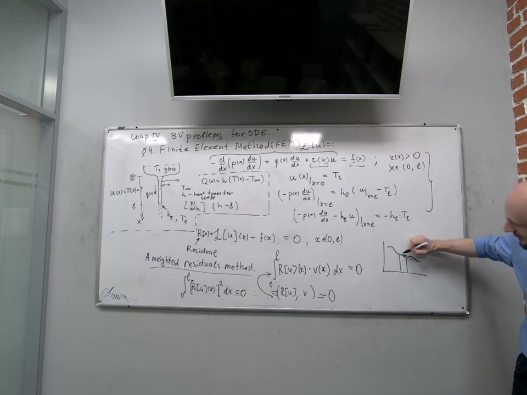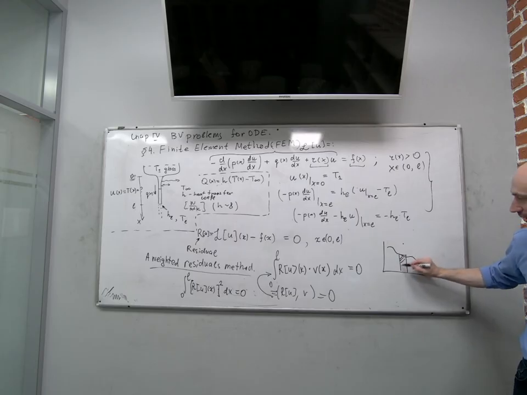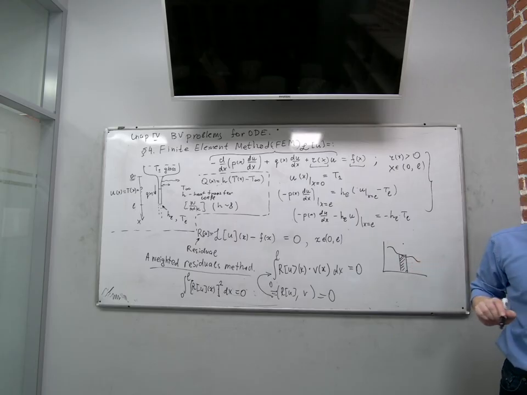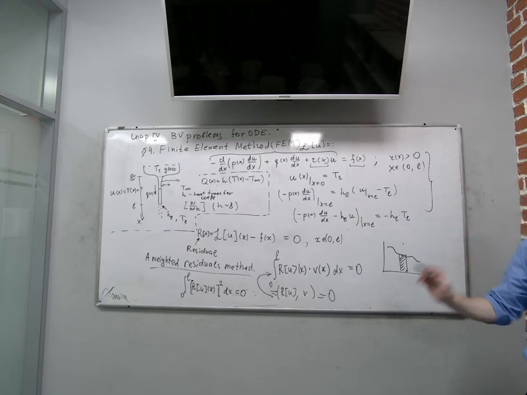And if you change this function, say at one point, it changes nothing because the surface of this figure, of this rectangle, will not change if you only change one single point. It does not have any length of support, this point. Do you see?